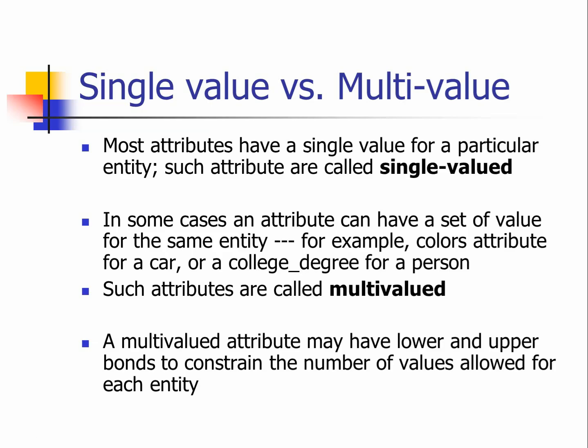Such attributes are called multi-valued. A multi-valued attribute may have lower and upper bounds to set how many values are allowed for each entity. Think about this. Why do we need to stand aside and look into a multi-valued attribute?